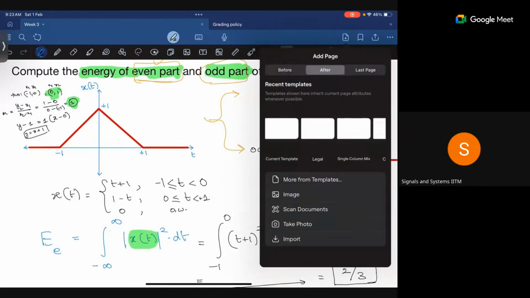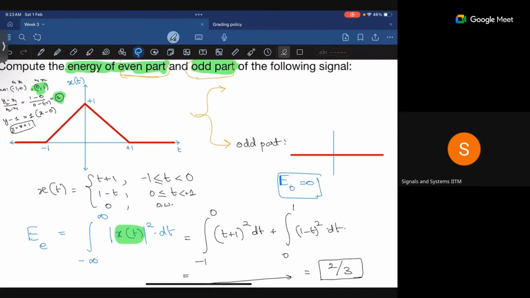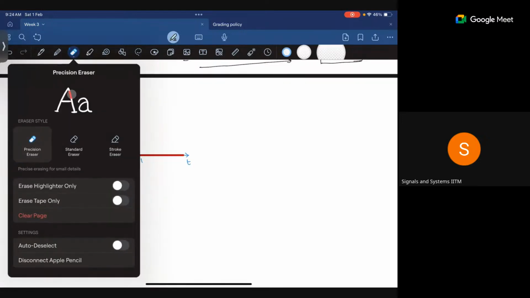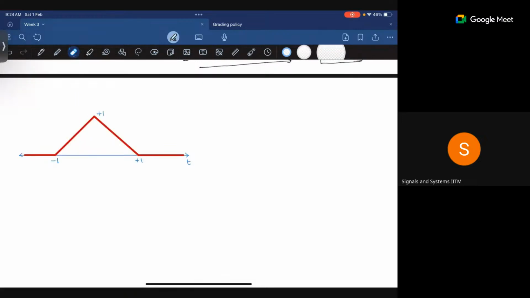If at all, let's say the curve is given like this, and we are asked to find the energy of the even part and odd part.